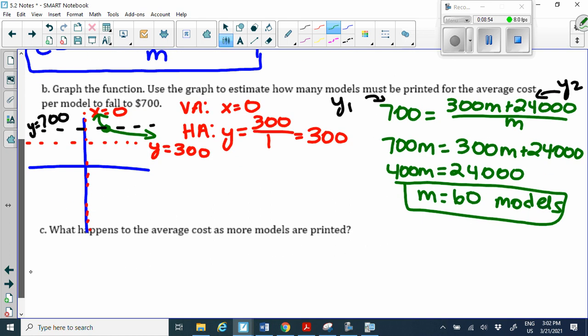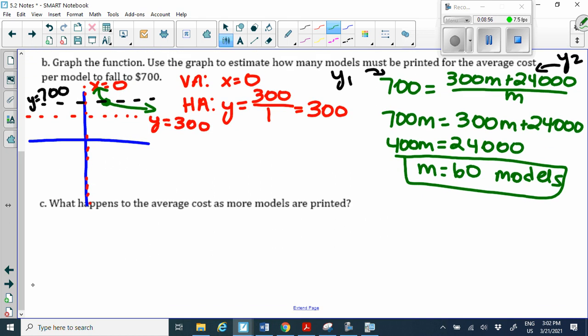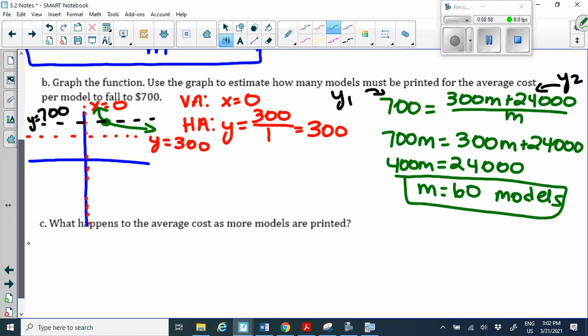Okay, last thing we need to talk about is what happens to the average cost as more models are printed. Well, remember, we really can just use both our equation and our sketch that we have for our graph. Notice what our line is doing. We said y equals 300, that's our horizontal asymptote. So what's happening is our graph is going to get closer and closer and closer to that horizontal asymptote of 300.